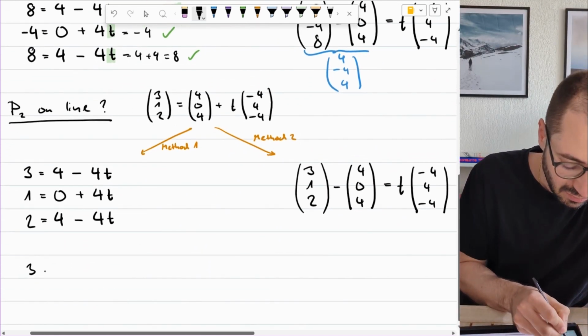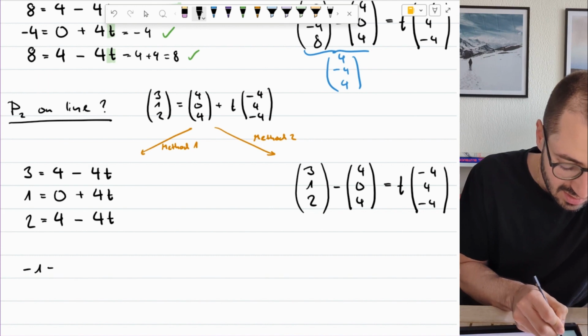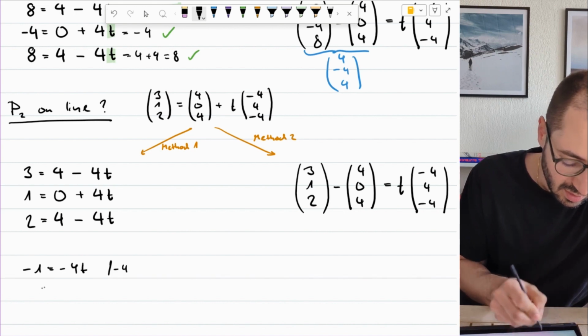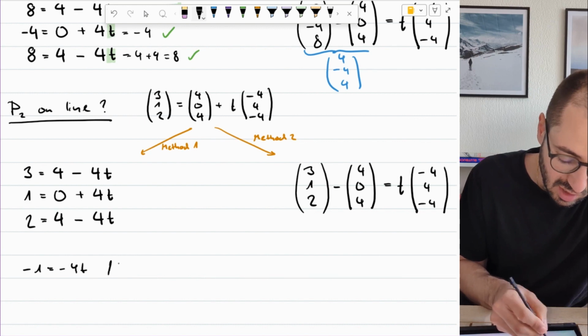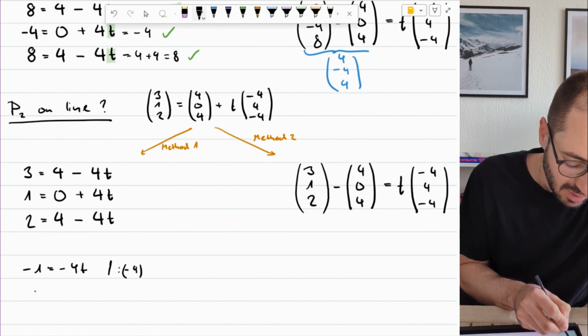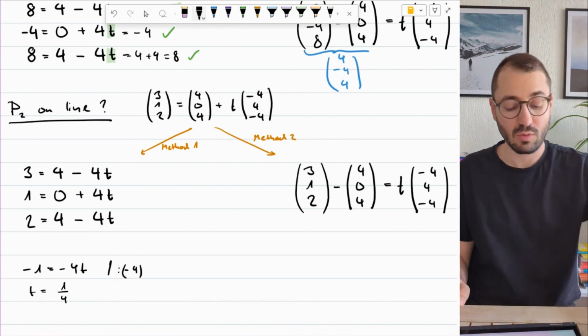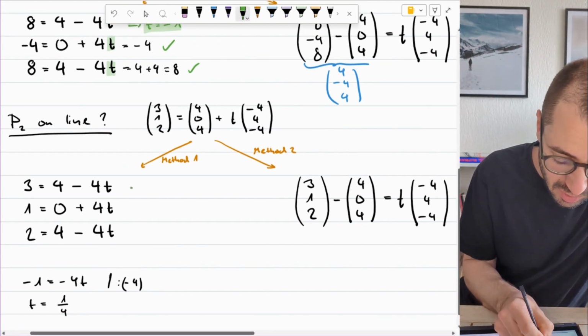Let's take 4 to the other side. So we have -1 is equal to -4t, and then we divide both sides by -4, so t is equal to 1/4.